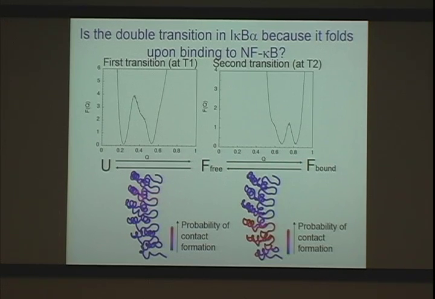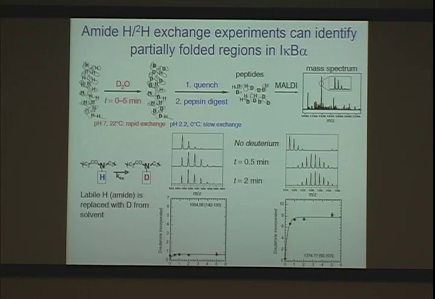Now remember, the structure that we used in these Go model simulations was the folded bound structure, just taken out of that crystal structure of the complex. And so this was our idea that maybe we were actually capturing both of these folding transitions in the Go models. So we turned to amide hydrogen deuterium exchange experiments to try to see whether that hypothesis had any bearing.